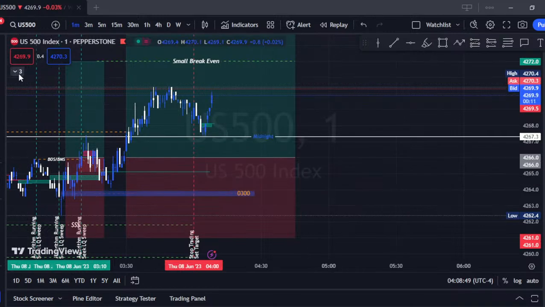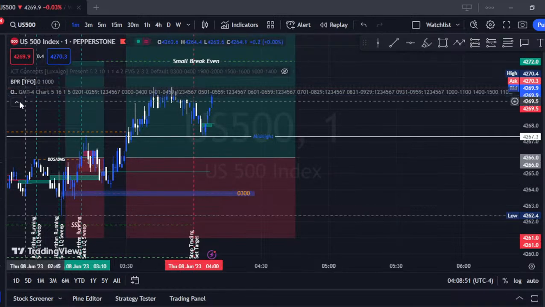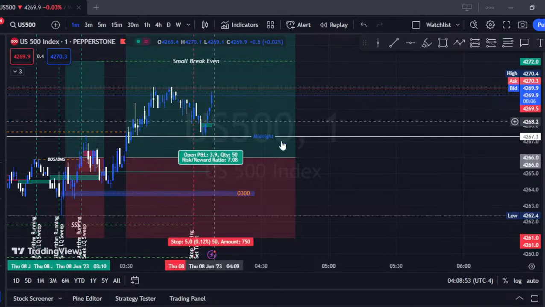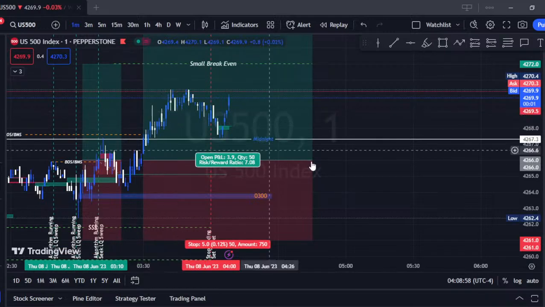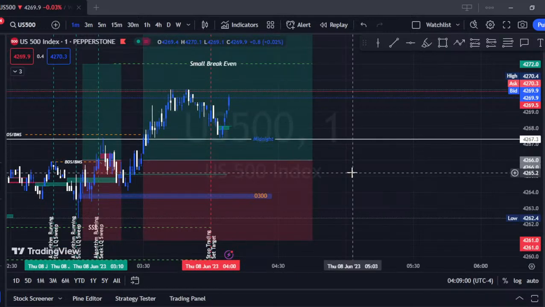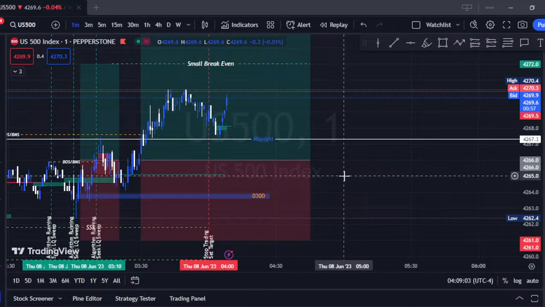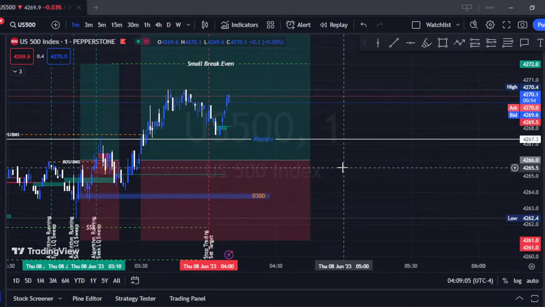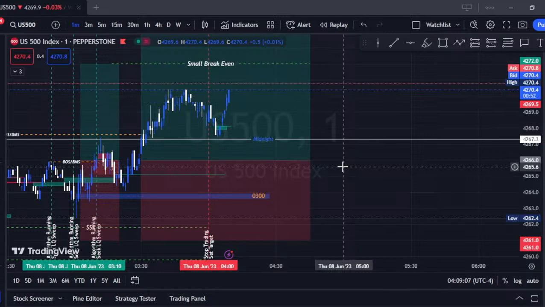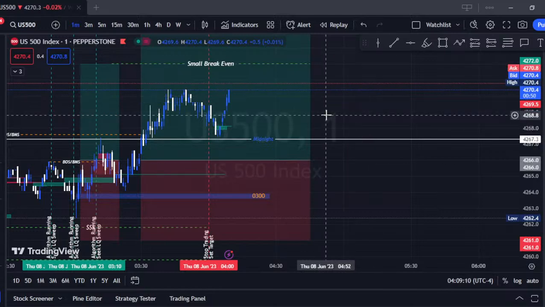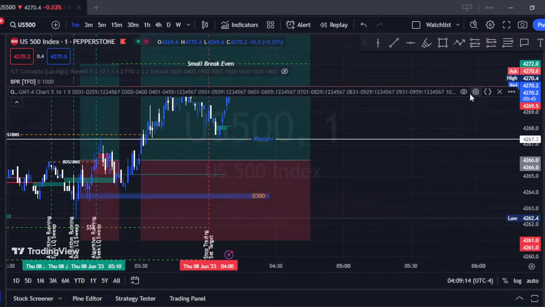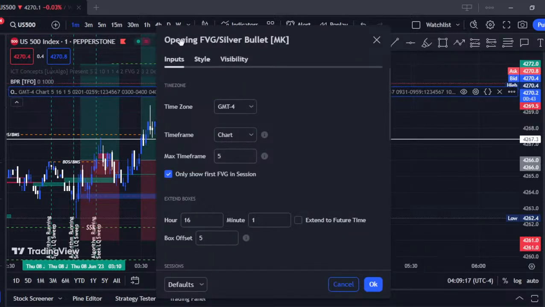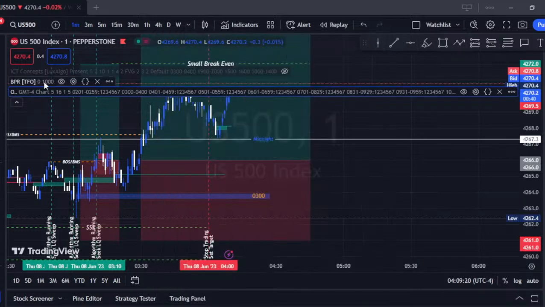And then I inserted the indicator to the chart after watching some YouTube videos, came back to that specific trade, turned the indicator on, and really saw what I was missing. That small little BPR caused my trade to be flipped. Now with this indicator, it's pretty handy. Opening FVG, Silver Bullet, and the BPR. Pretty good stuff.